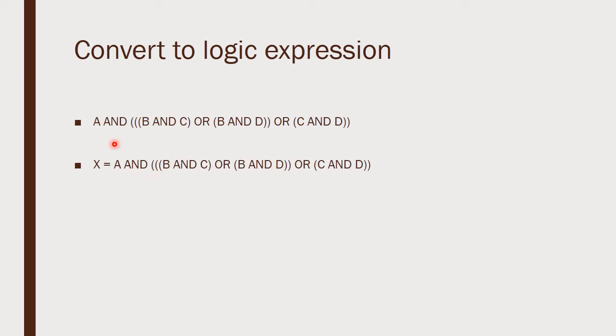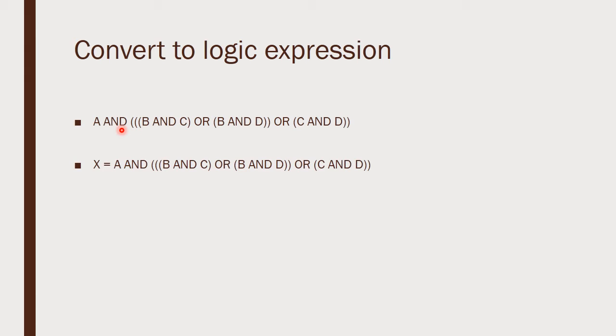Then we need to create the logical expression. From the question, A must be definite, the 2 years. Then any 2 of the others, so it could be B and C, B and D, or C and D. All these pairs are ANDs, combined with OR.